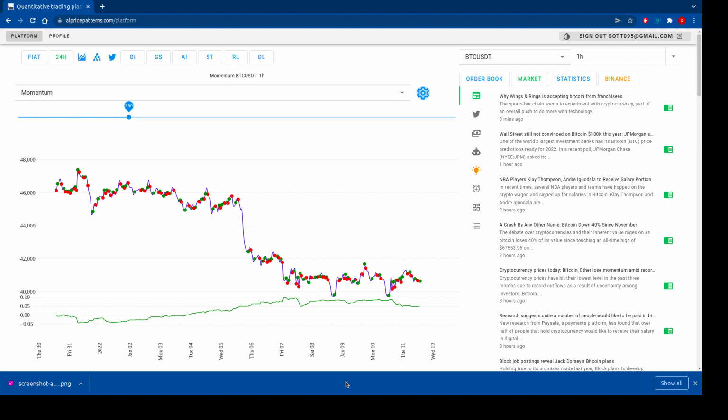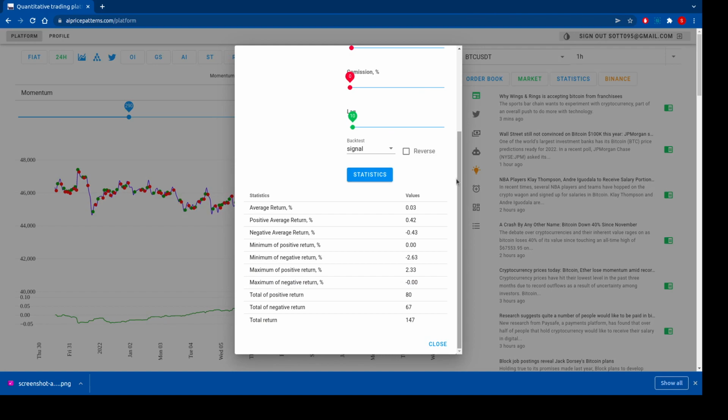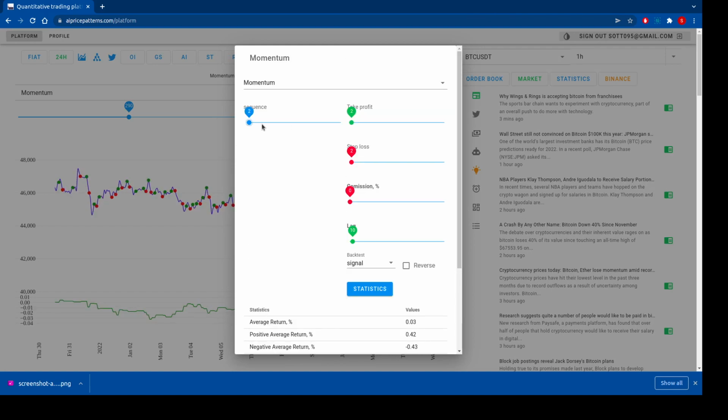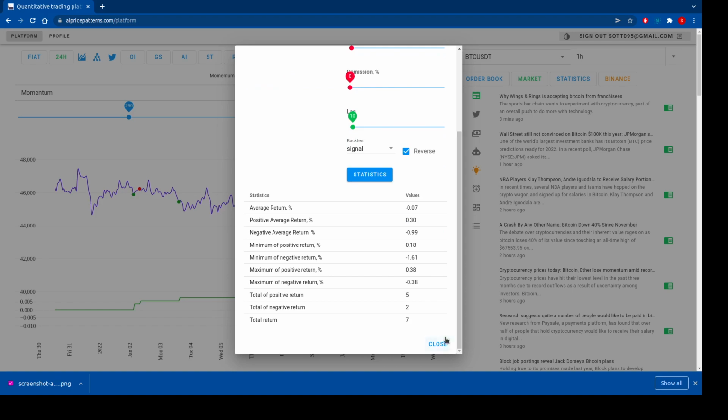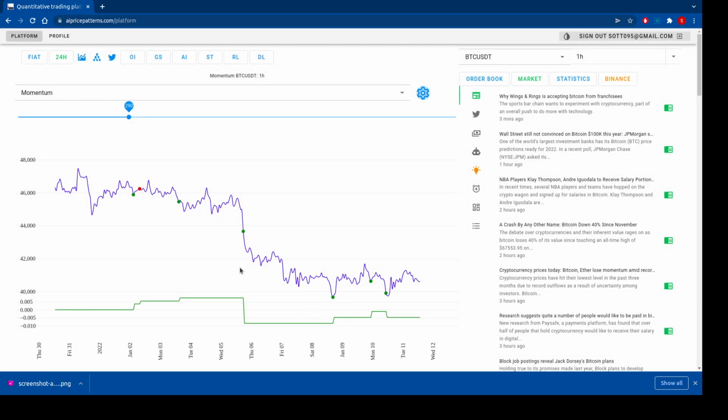Okay, we have some positive balance, but at this moment it looks like it's not working. Let's check another. Okay, it looks like it's not working. Maybe for this one. Okay, it's not a good idea.